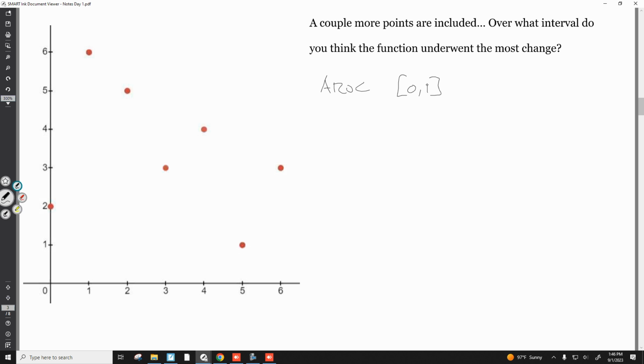Here's what I'm going to say. What is the other word for average rate of change that we just learned? Slope. So if you get asked average rate of change, you're asked slope. If you're given an interval, it's an x interval. So from x equals 0 to x equals 1, what is the slope that connects those 2 points?